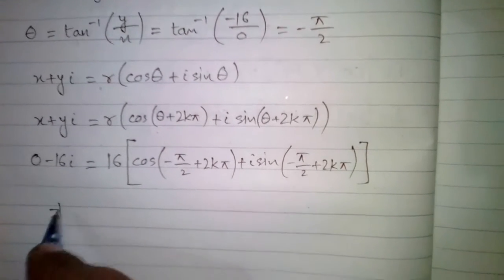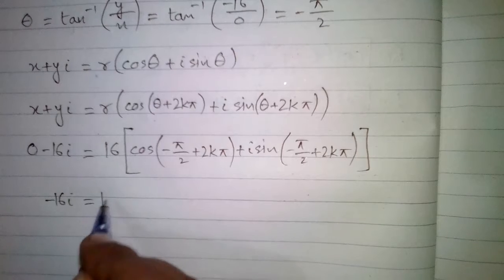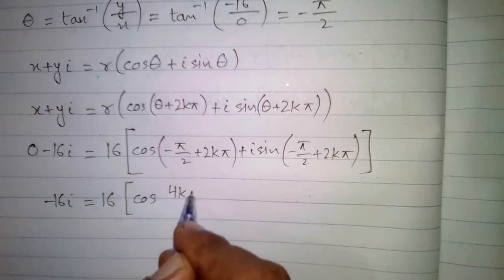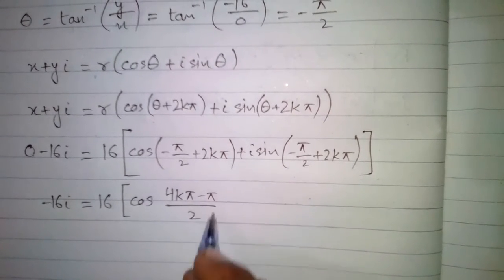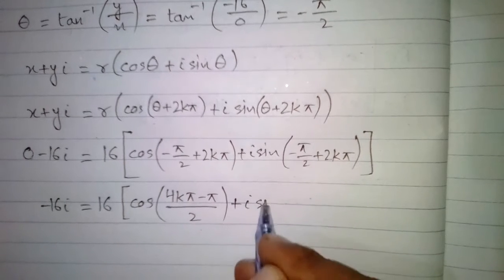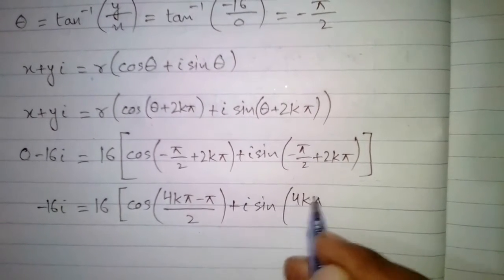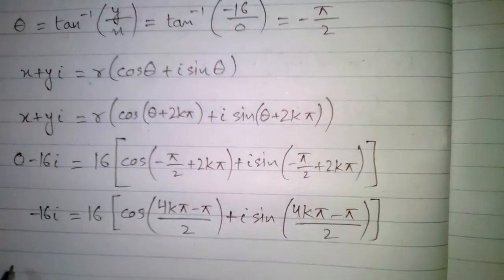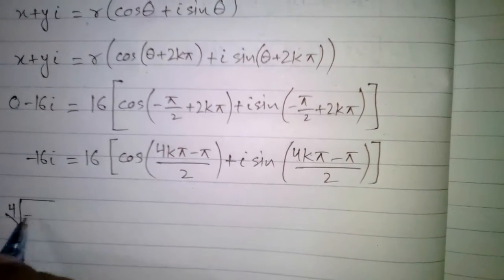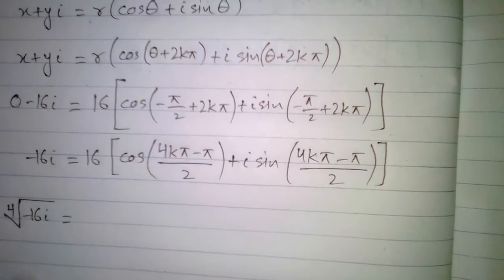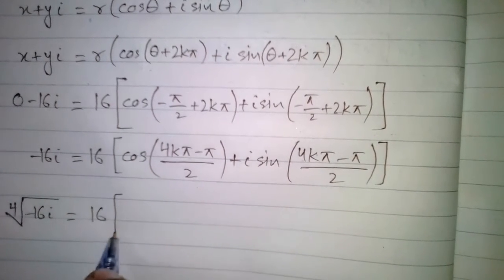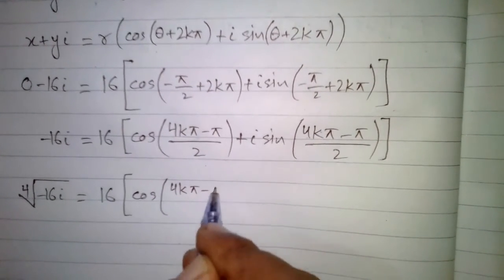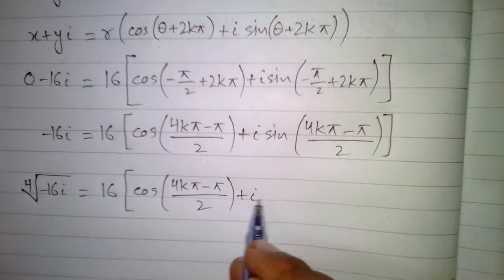Now this can be written as minus 16 iota is equal to 16 times cosine of 4k pi minus pi over 2 plus iota sine of 4k pi minus pi by 2. And now we will take the fourth root of minus 16 iota. Fourth root means this complex number has power 1 upon 4.